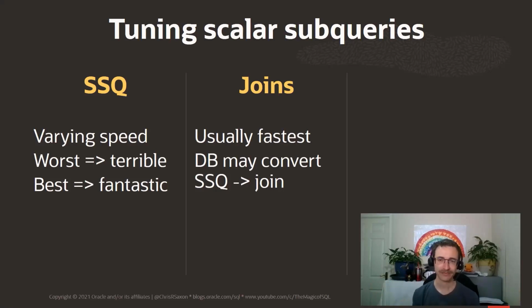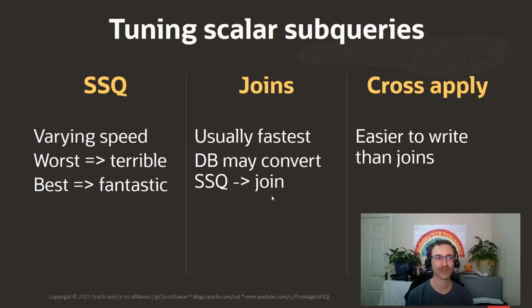Generally not ideal. Lots of the time, the database is able to convert this into a join, but there are some things which prevent that. If you are in those situations, or you've got lots of scalar subqueries which you need to refactor, cross-apply is one technique you can use to get around this. And the reason I opted for it in this scenario is it was just much easier to do.